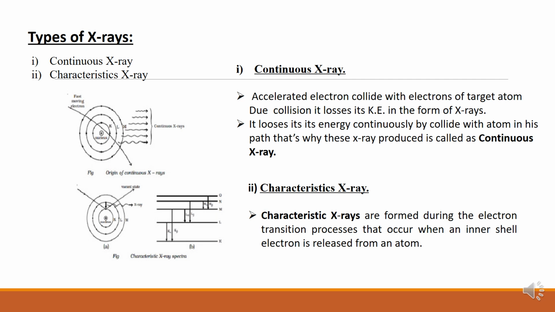Now we will discuss how continuous X-rays are formed. When the accelerated electron is incident on the metal target, if it does not have sufficient energy to eject an electron of the metal target, then it will just collide with the electrons of the metal target, and because of the collision it will lose its energy in the form of X-rays.